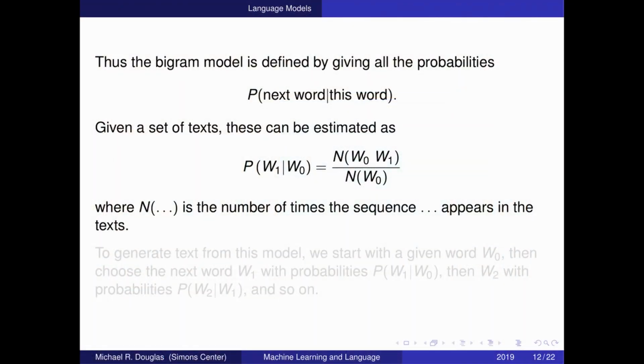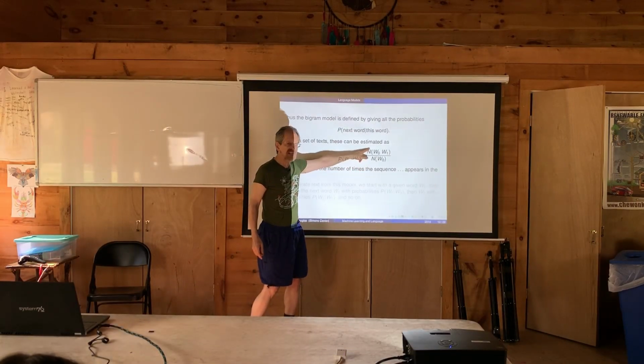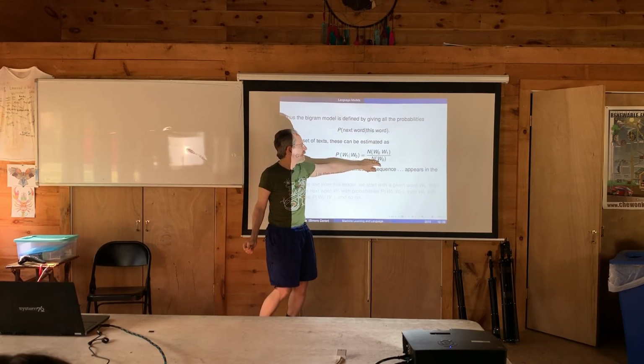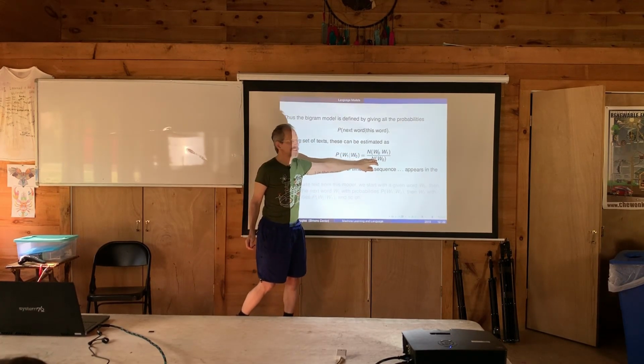Just when we count the bigrams, we have to not divide by the total number of bigrams, which was this naive idea of probability. We divide by the number of times that first word appeared.